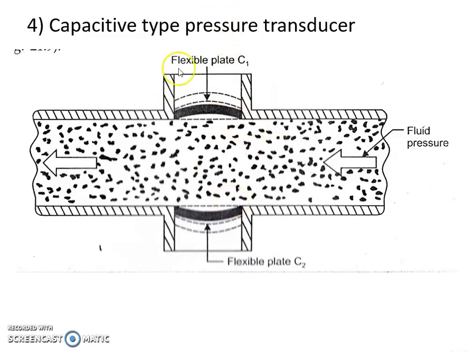That change in the value of capacitance is measured with the help of any instrument which can measure change in the capacitance, or else we can use a bridge like de Sauty's bridge or Schering bridge, which can be used to measure the change in the capacitance. Therefore the value of pressure of the fluid is measured in terms of change in the capacitance of this capacitor system.